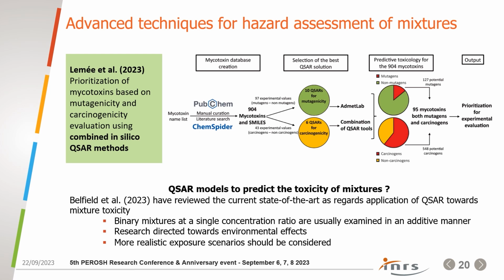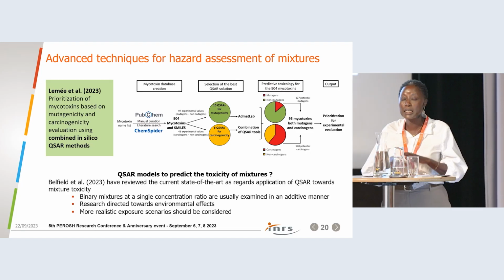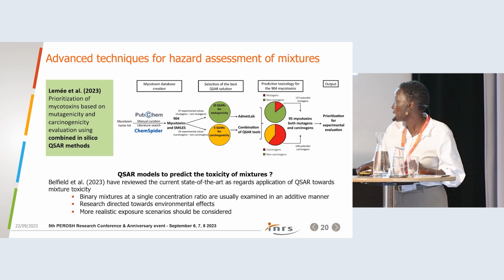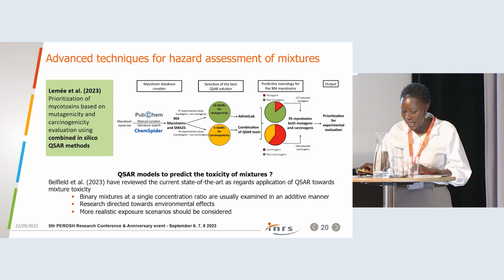Then they managed to identify 95 mycotoxins that are both mutagenic and carcinogenic. And for 87 of these 95 mycotoxins, there is no data available so far. So this is how QSAR models can be used for toxicity testing.